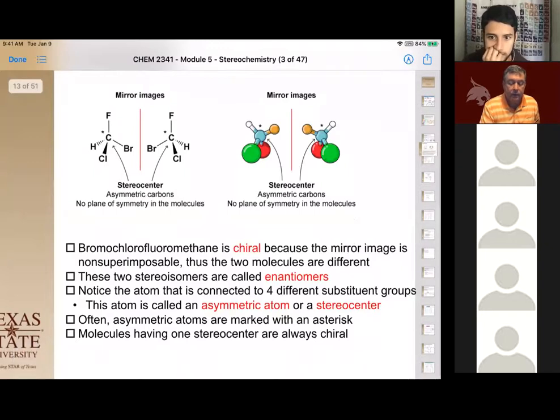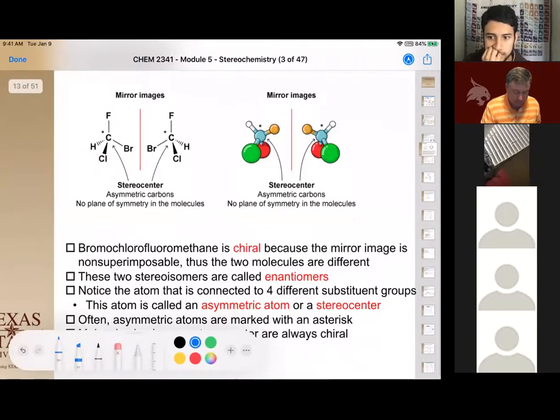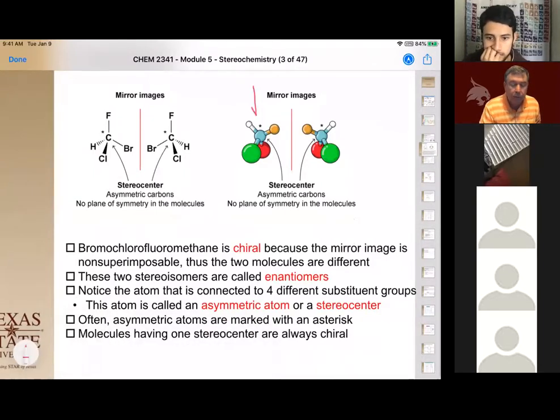The chiral center, or the one that holds the chirality, is the carbon that all 4 of those different groups are attached to. We call it the stereocenter. Sometimes it's called the chiral carbon, sometimes the asymmetric atom. I'll probably use chiral carbon or stereocenter most.